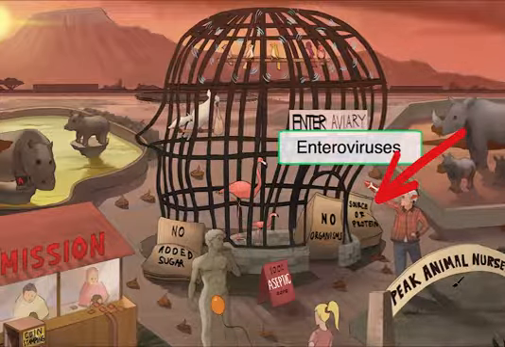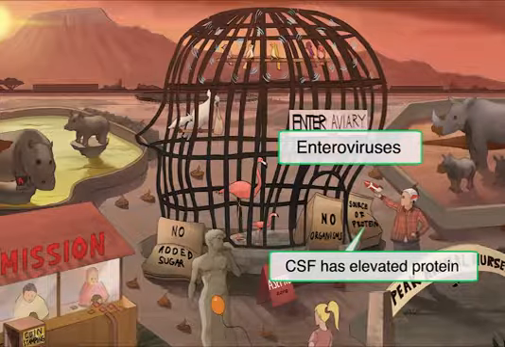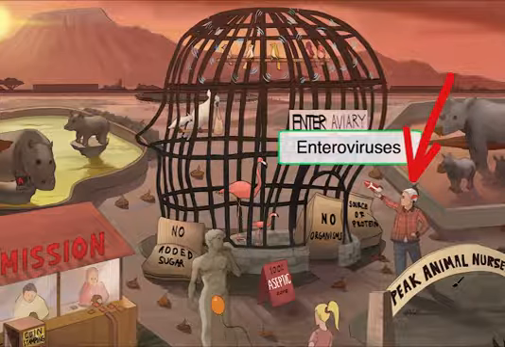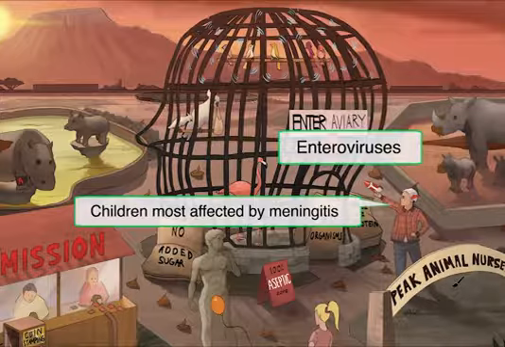And finally, our food bags are a good source of protein, which means that protein levels will be elevated. We've also added a child wearing a space helmet pointing a laser gun at the birds. And this should be a knee-jerk reaction for you by now, but this is our recurring symbol for meningitis. This illustrates how young children are particularly susceptible to viral meningitis caused by enteroviruses.